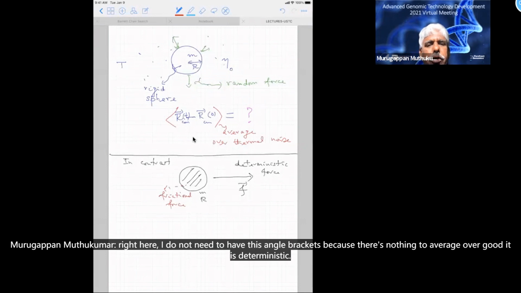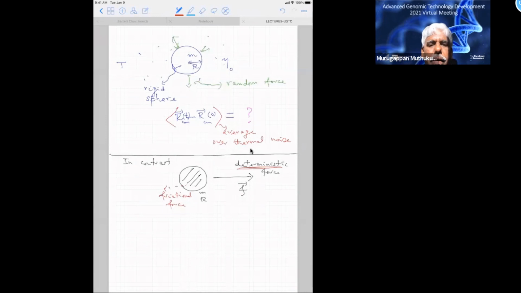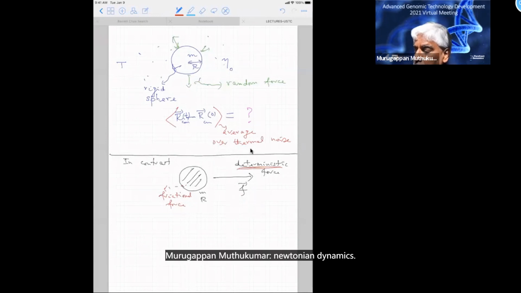Here, I do not need to have these angular brackets because there's nothing to average over, because this is deterministic. It's not random. And this is Newtonian dynamics.